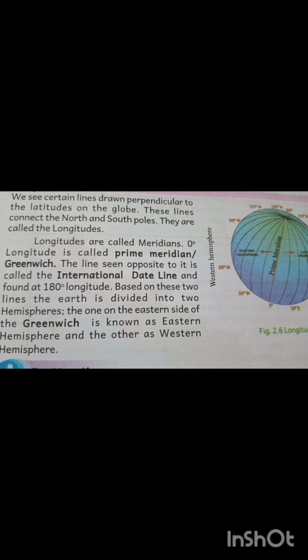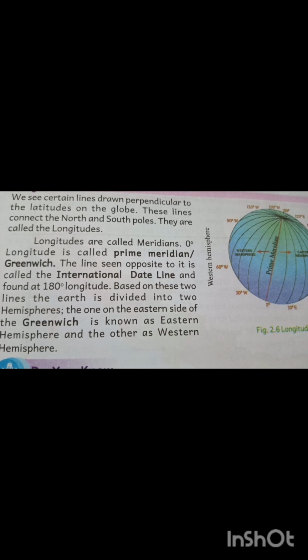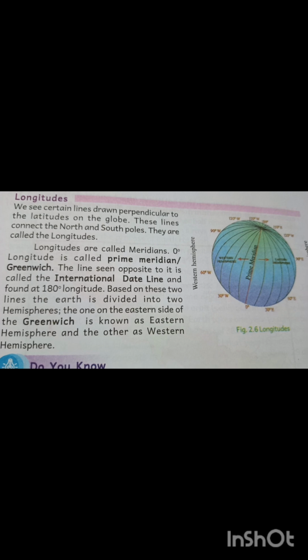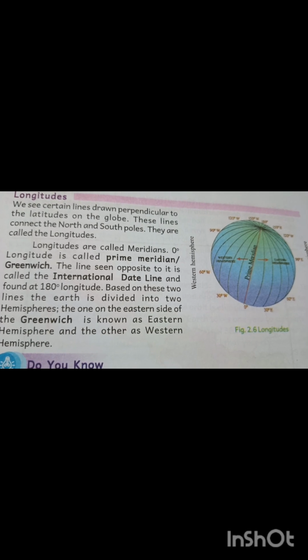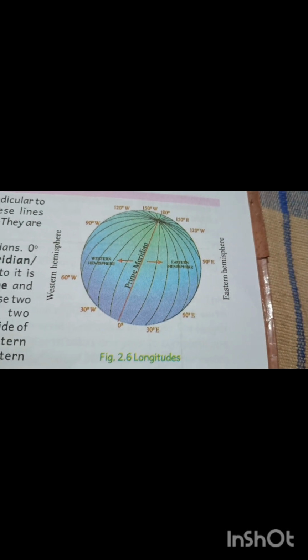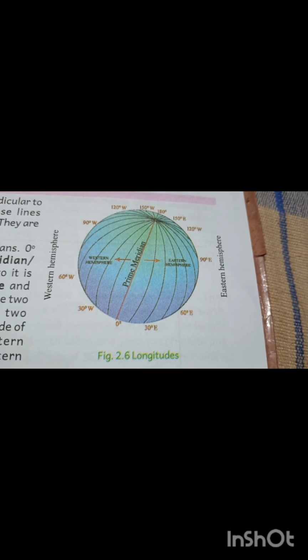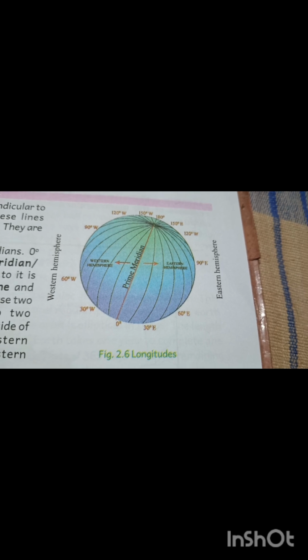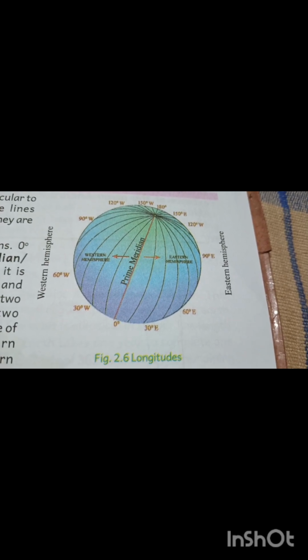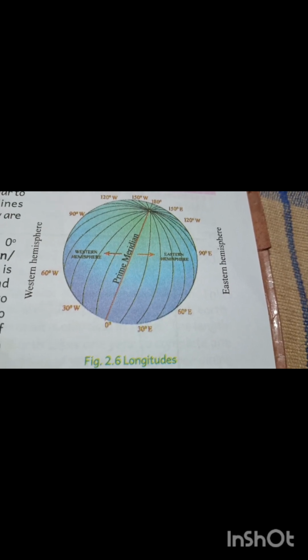The one on the eastern side of the Greenwich is known as Eastern Hemisphere and the other as Western Hemisphere. If you observe the longitudes in the picture, prime meridian, Eastern Hemisphere, Western Hemisphere, we can see in this longitudinal picture.